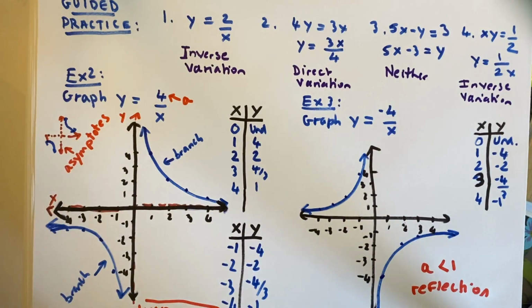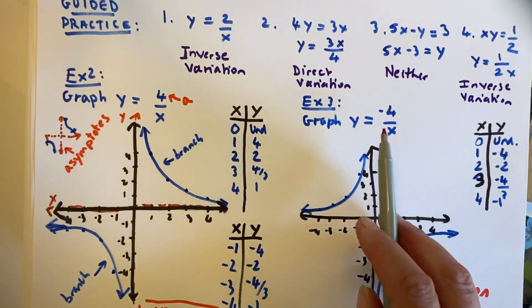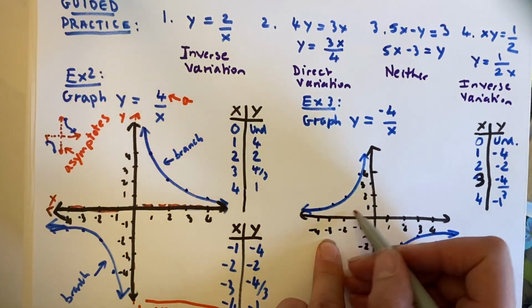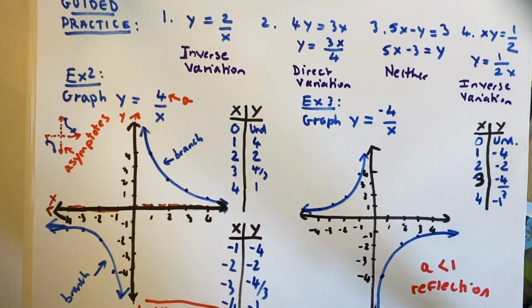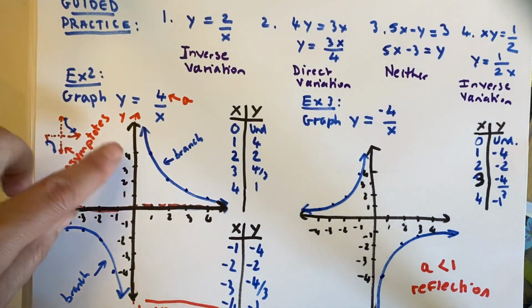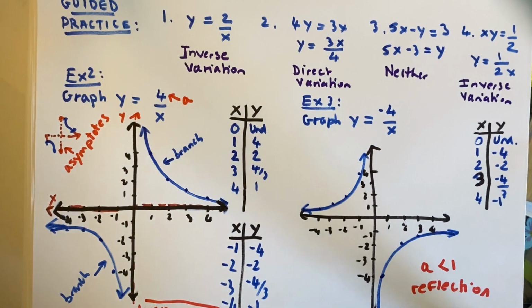And you can also see that it's a stretch, because if I had just 1 over x, or -1 over x, it would be much, much closer to the asymptotes. You remember the asymptotes are the lines that they get close to but never ever touch.